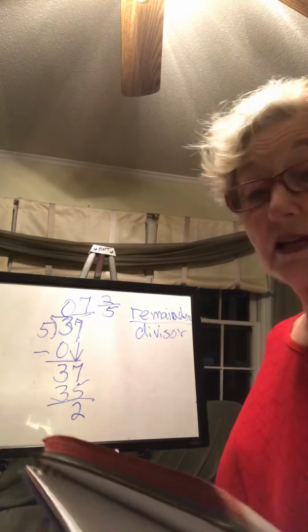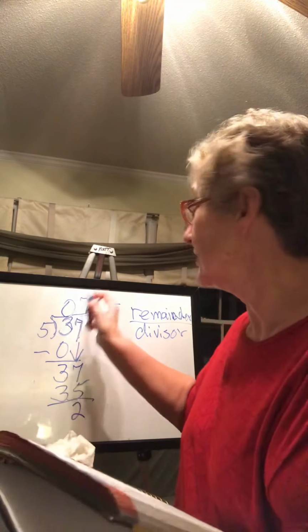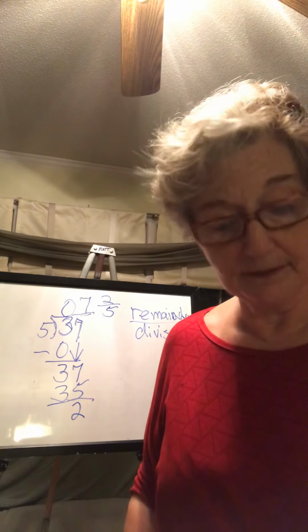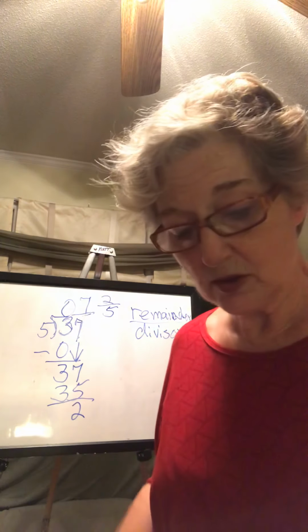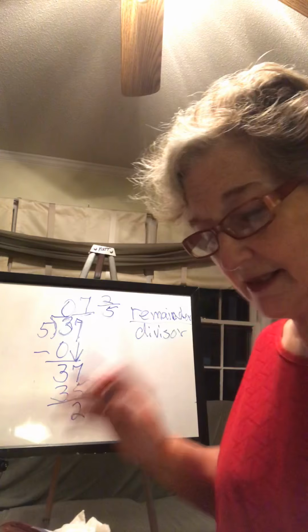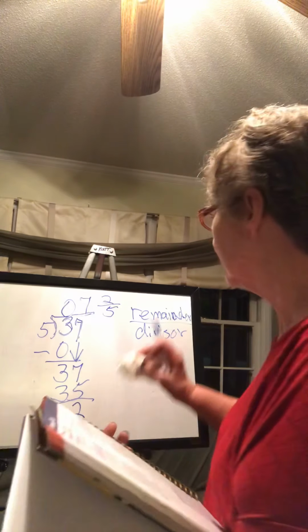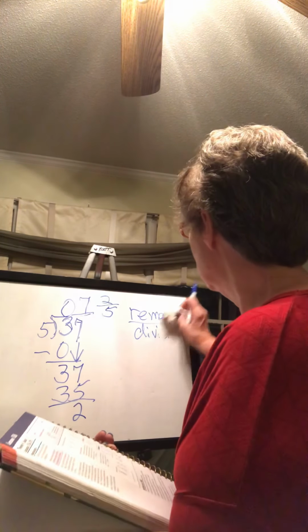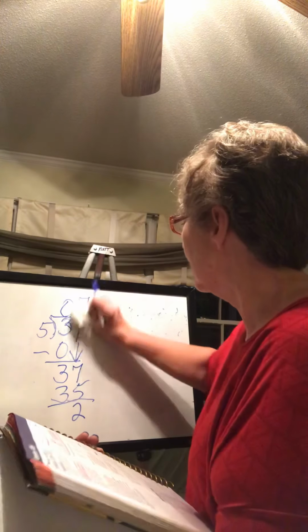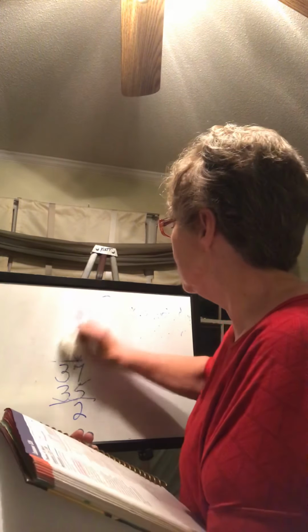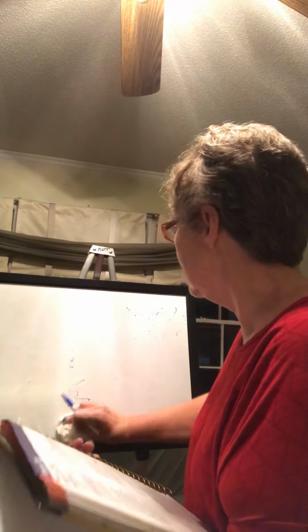So the answer to that in fraction terms is 7 2/5. Okay? So like I said, forget the 36. It is 7 2/5. So let's do number 1A. We'll do a couple of these and then you'll be off and running on your own.